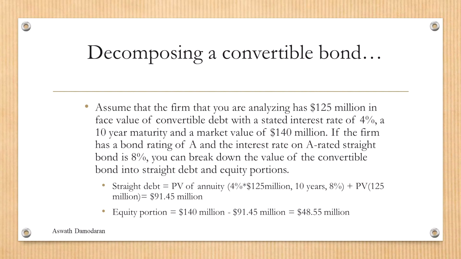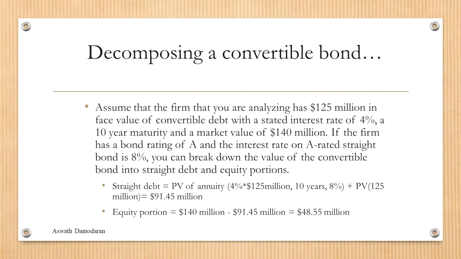Then plus the present value of the principal payment, $125 million in 10 years with an 8% discount rate. When you put those two parts together, you get a $91.5 million market value of a straight bond that doesn't carry any convertible provision.